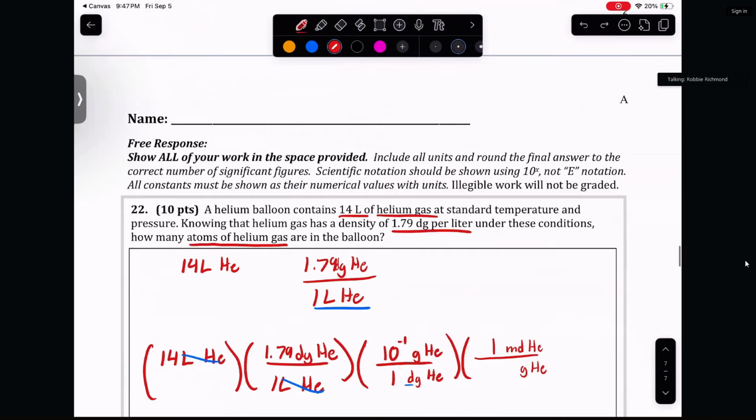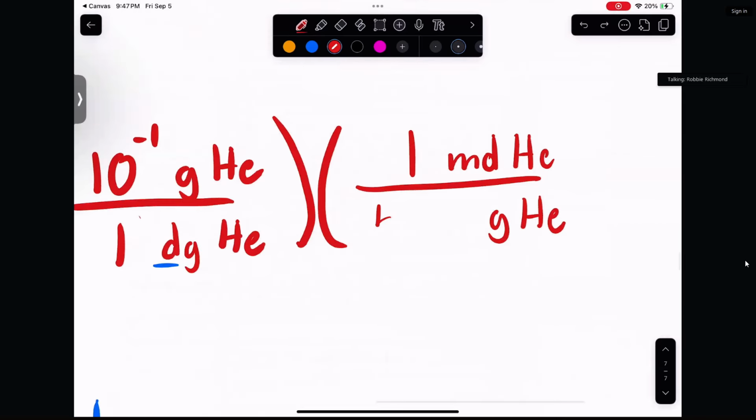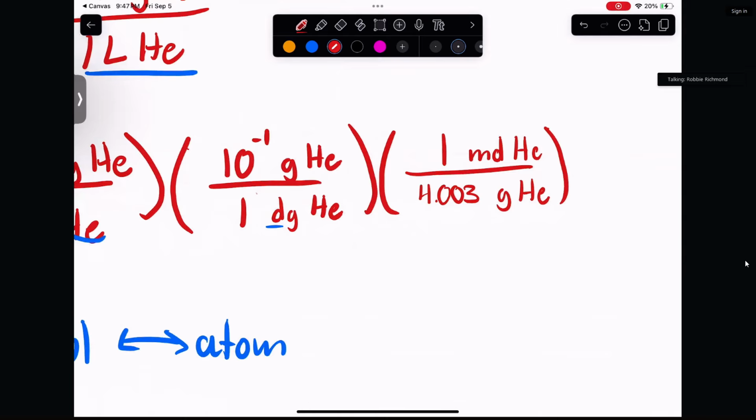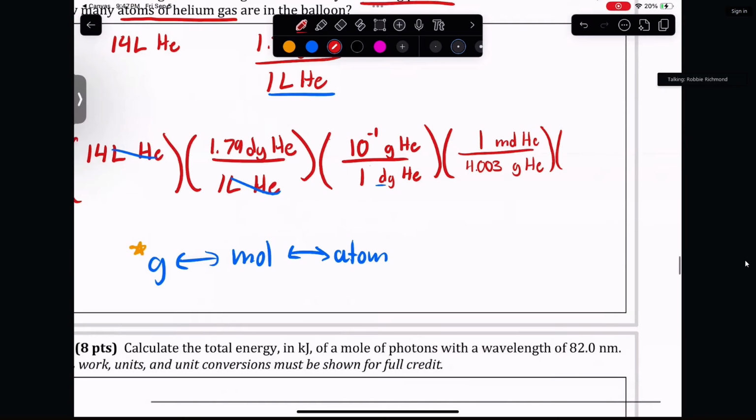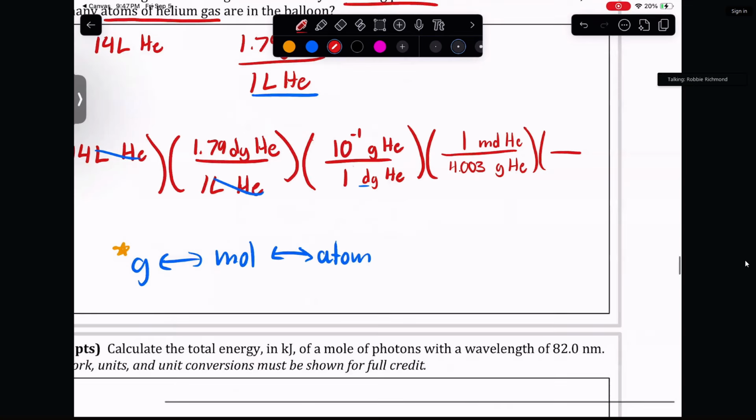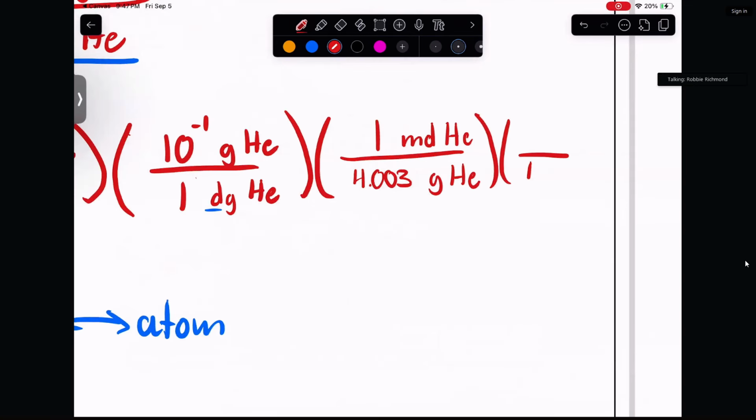Scrolling back down. 4.003 grams of helium is 1 mole of helium. And simply converting from moles to atoms, I don't think anyone's having significant issues with this. Definition of a mole is 6.22 times 10 to the 23rd of anything.